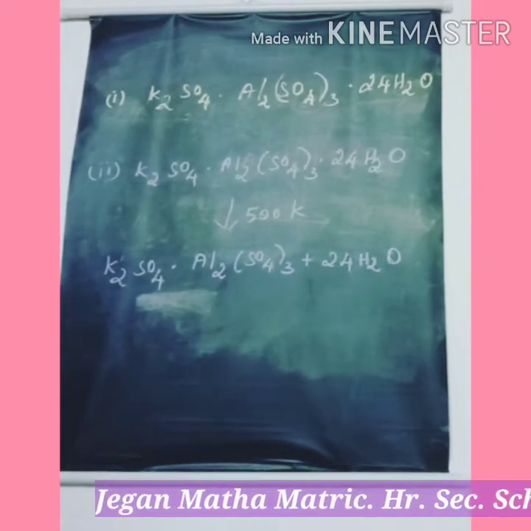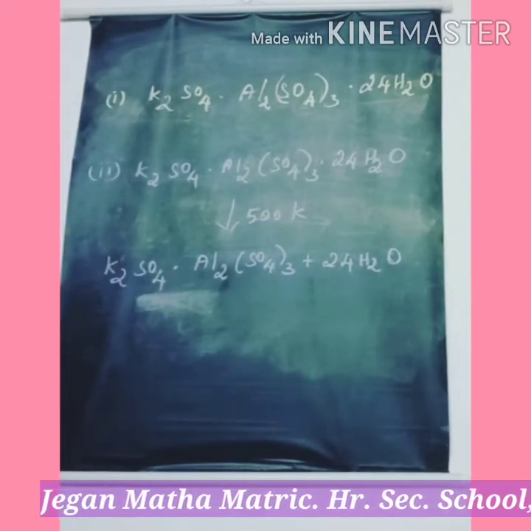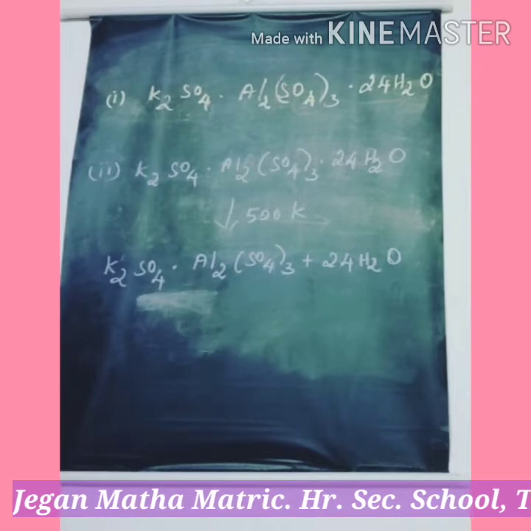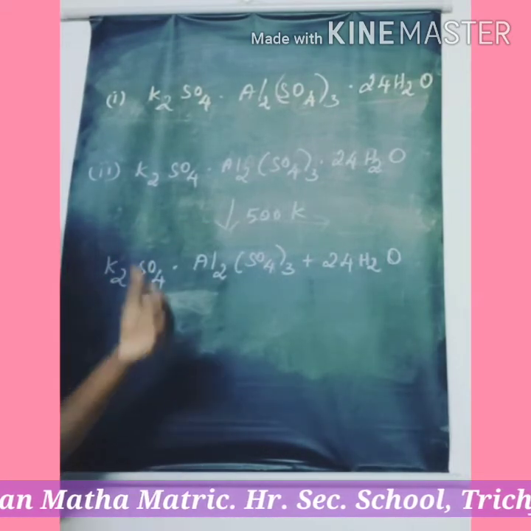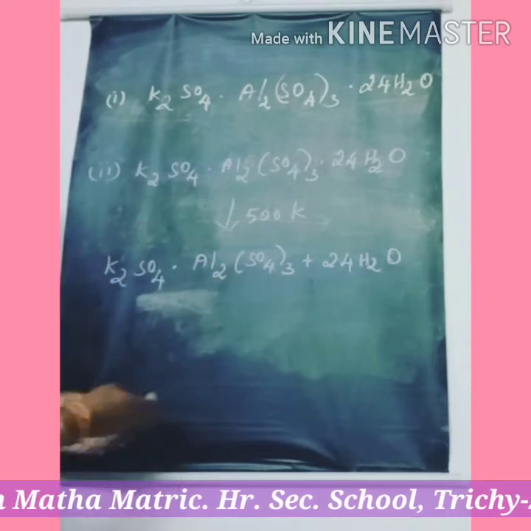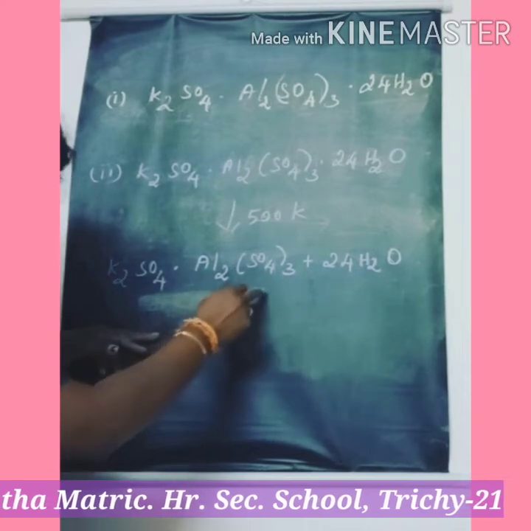See here, K2SO4, Al2(SO4)3, 24H2O. So that is potash alum. So when it is heated at 500 Kelvin, it swells. So that is burnt alum. So here K2SO4, Al2(SO4)3.